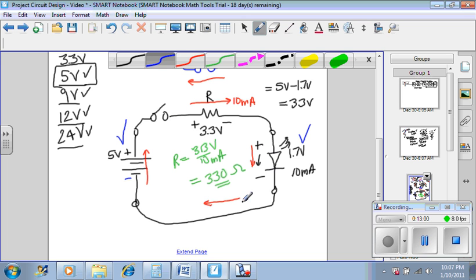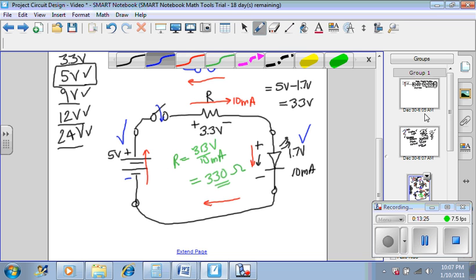So this has a path. Once this switch is closed, then current can flow from one side to the other through the resistor, through the load, through the wire, back to the negative side. And that makes it a circuit. That's the definition of a circuit.